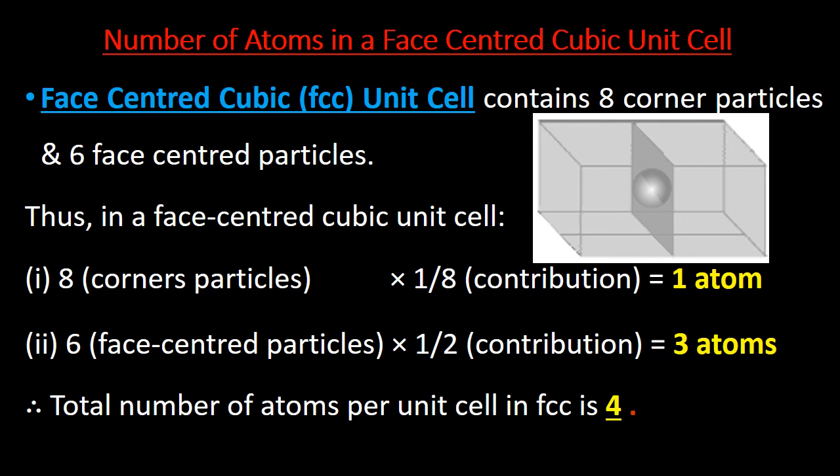This contribution you can see in the picture. A face-centered particle is shared between 2 unit cells. Hence, the contribution is 1 by 2 each, which is equal to 3 atoms. Hence, the total number of atoms per unit cell in FCC is 4.